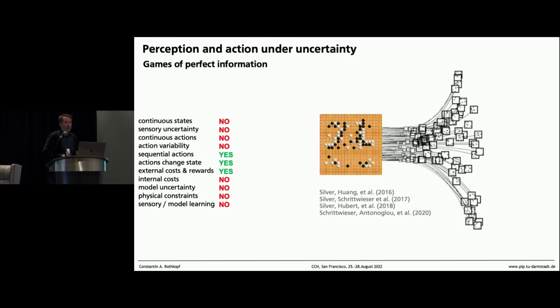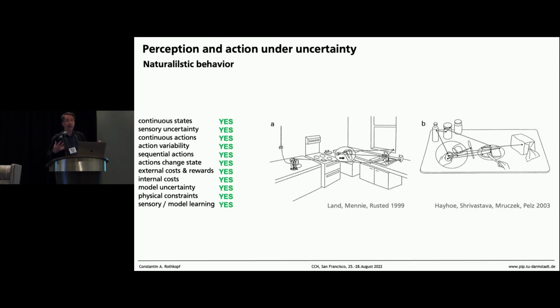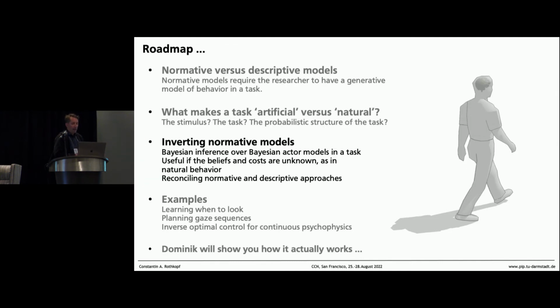And if you look at some of these tasks like games of perfect information, where there have been extreme, fantastic developments over the last years, by comparison, the tasks themselves don't have all of these additional uncertainties that, for us as humans in our daily lives, making a sandwich, are pervasive and that we are handling all the time. Okay, so now inverting models.